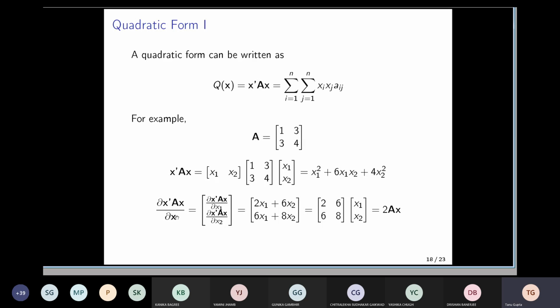So del x prime Ax divided by del x is 2Ax, given A is a symmetric matrix. If A is a symmetric matrix, then del x prime Ax by del x will be equal to 2Ax.